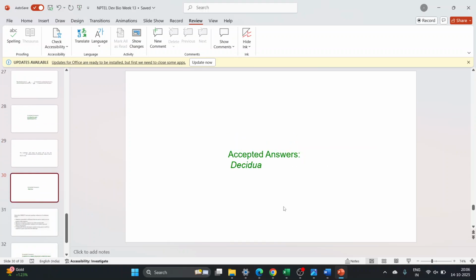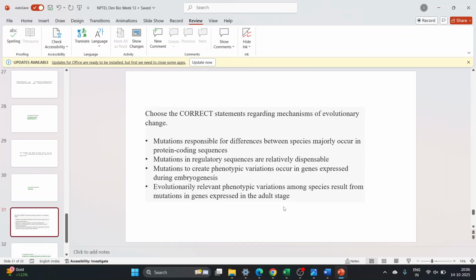Again, the last class was mostly related to evolutionary developmental biology, where we discussed the various kinds of mutations and their phenotypic changes, and how these mutations are related to evolution, how they can accumulate and ultimately give rise to evolutionary changes with time.